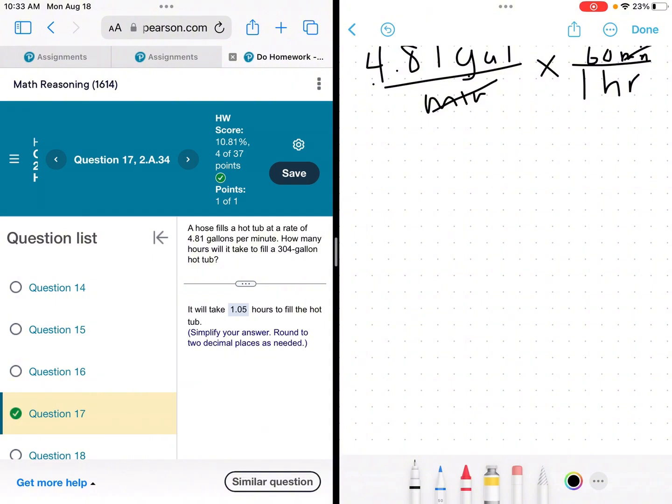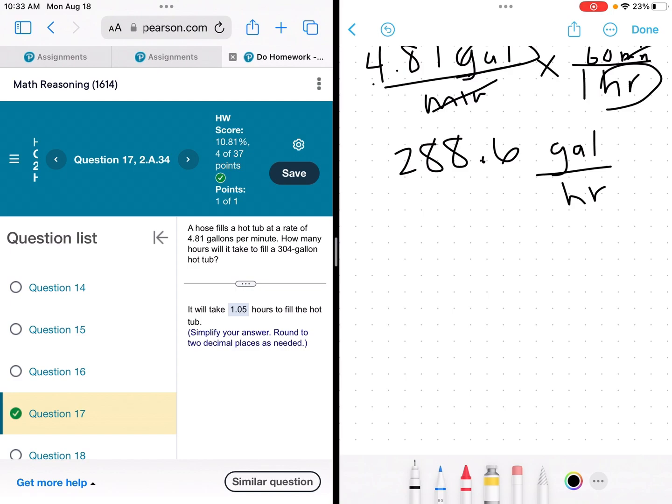So if I take 4.81 times 60, that will tell me how many gallons per hour. 4.81 times 60 is 288.6. And we're left with gallons up here and hours down there, gallons per hour.